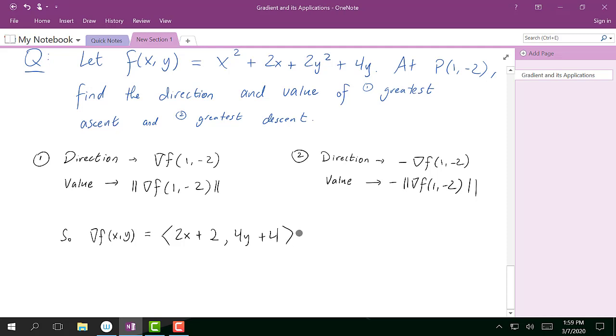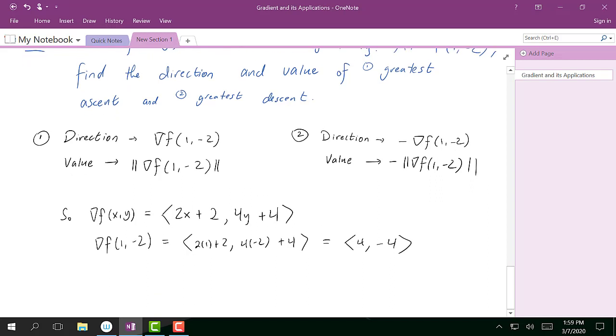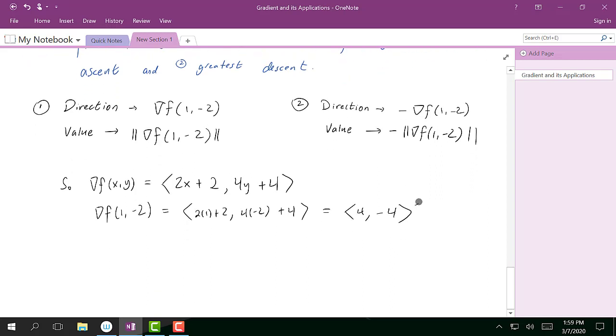If we evaluate this at the point of interest, (1, -2), we plug in 1 for x and negative 2 for y, and what we get is (4, -4). So this is going to be the direction of greatest ascent. This is our first answer in part 1.